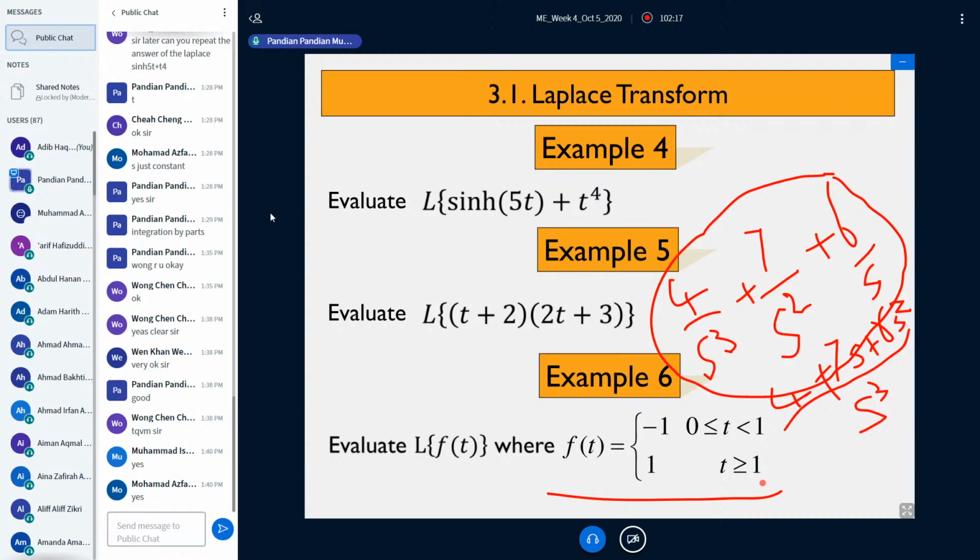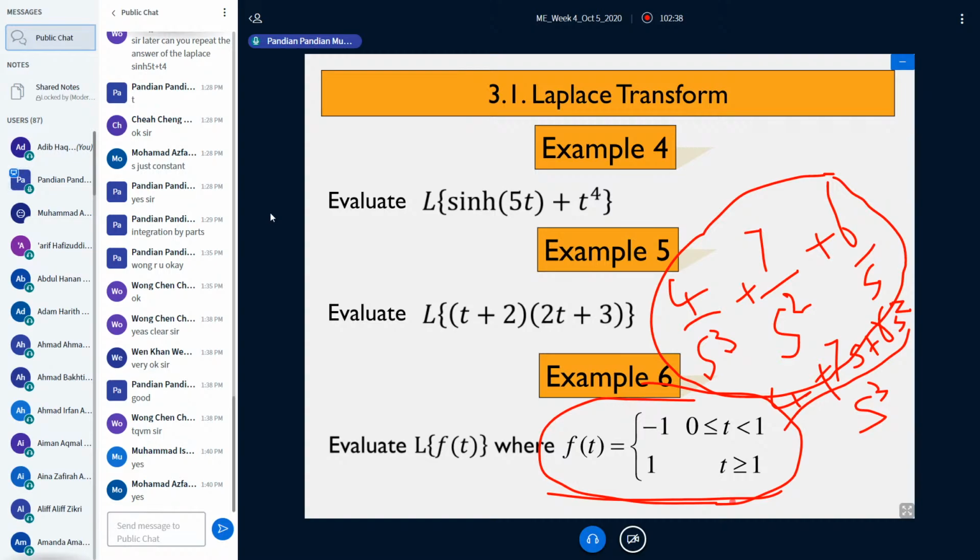So in this case, you have to use the Laplace formula. Laplace of f(t) is the integral from 0 to infinity of e power minus st f(t) dt. But f(t) is called a piecewise defined function. This has two pieces, so you have to break it into two pieces.